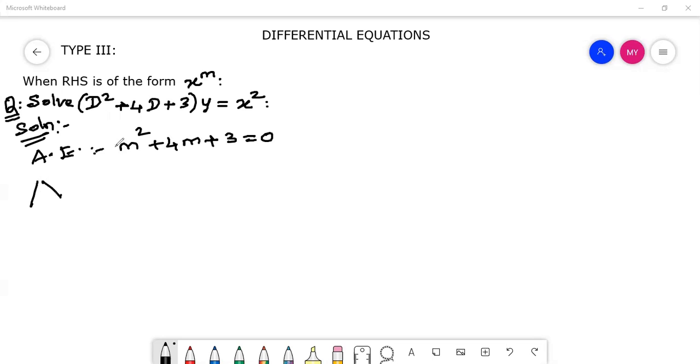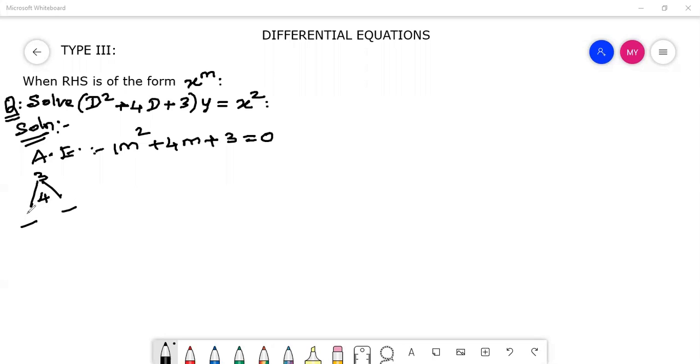The coefficient of m² is 1, so 1 times 3 is positive 3. In the middle, along with the symbol, we have positive 4. So we need two roots whose product gives 3, and when we add these two roots, we get 4.